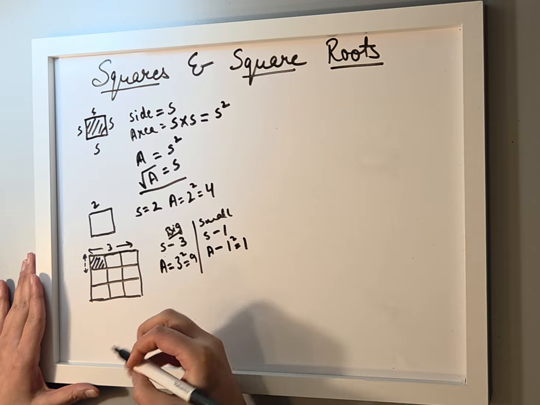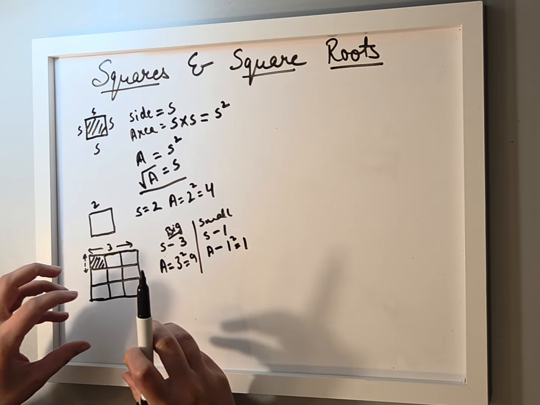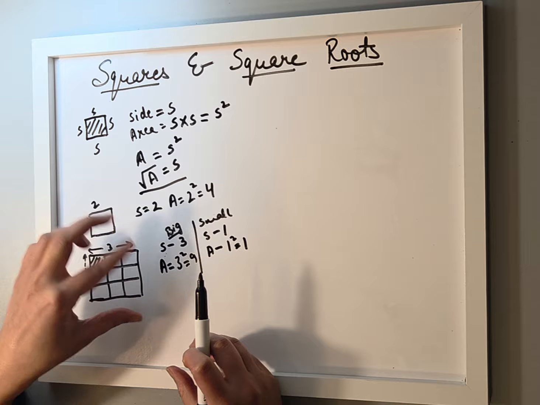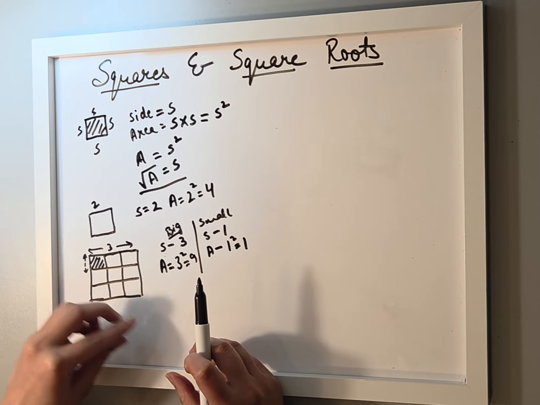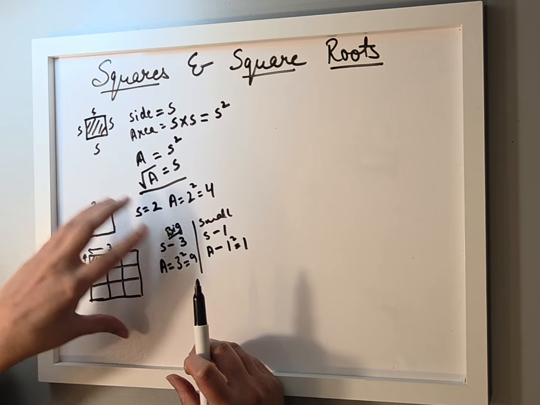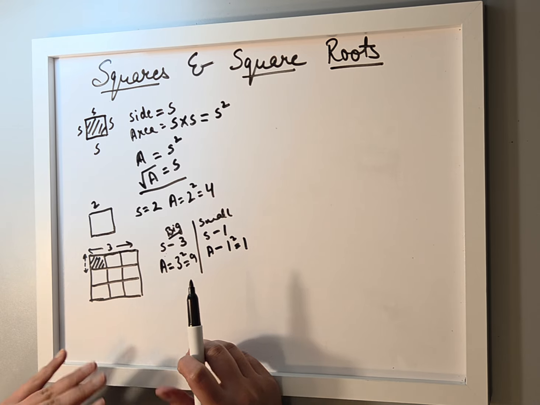Let's take another example. Because a square is so symmetrical, with all the same sides, and also composed of small squares, we can solve problems and find out the missing values.